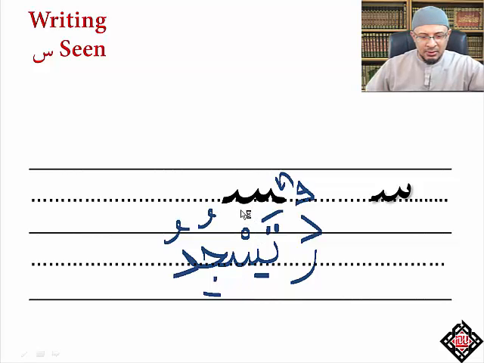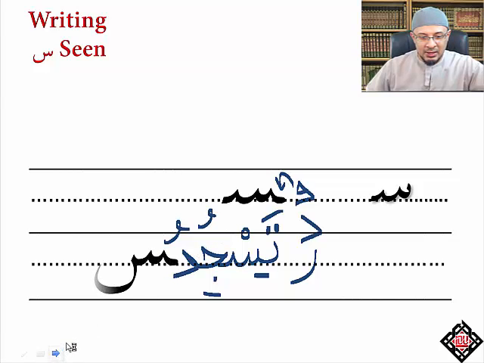So here we see the sin and its connectivity to its preceding letter and the letter which follows it. So just practice the writing a bit and be a little familiar with its connectivity, and you'll be good, inshallah. Because if you don't know, then you'll be writing wrong.